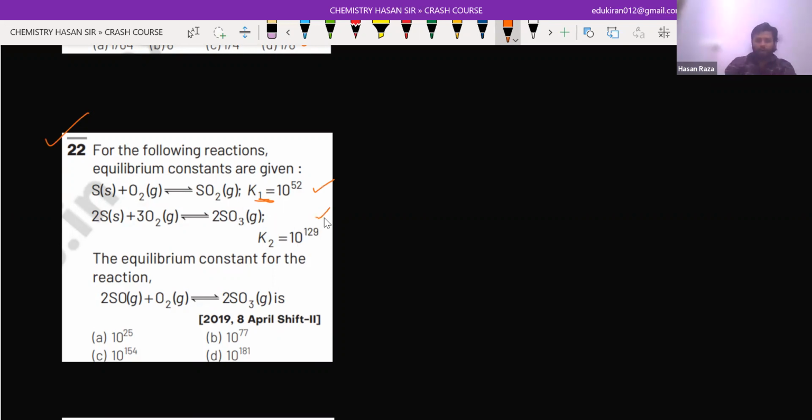Now the equilibrium constant for the reaction, this is what you have done here. As you can see, this reaction for which we need to calculate the value of Kc comes from the combination of these two reactions. So what do we do with these two reactions to get this? That is very important.